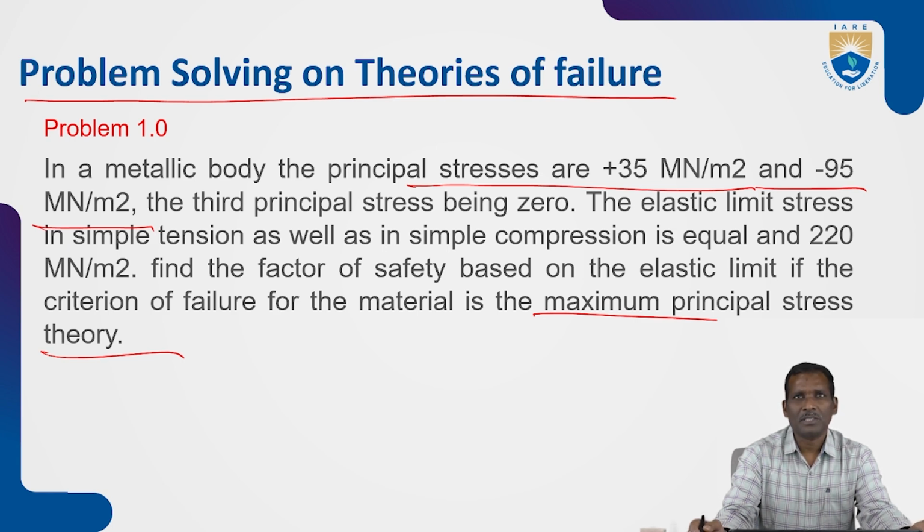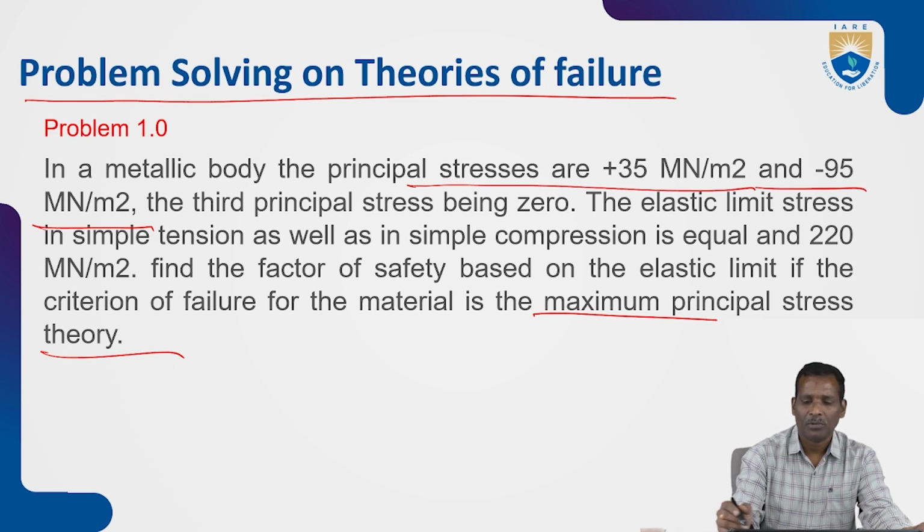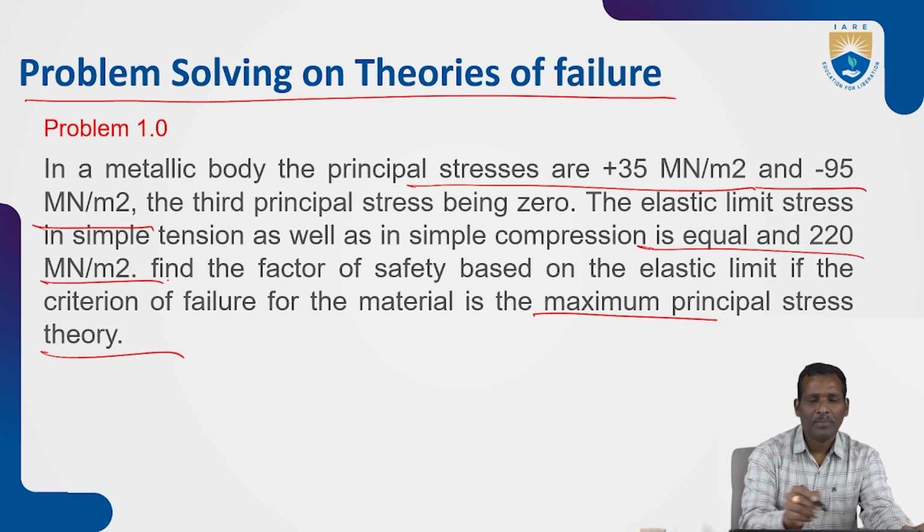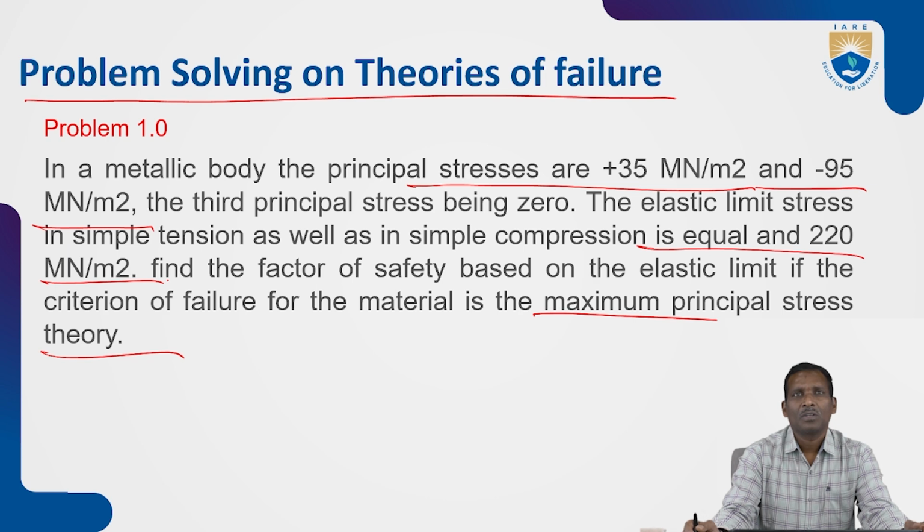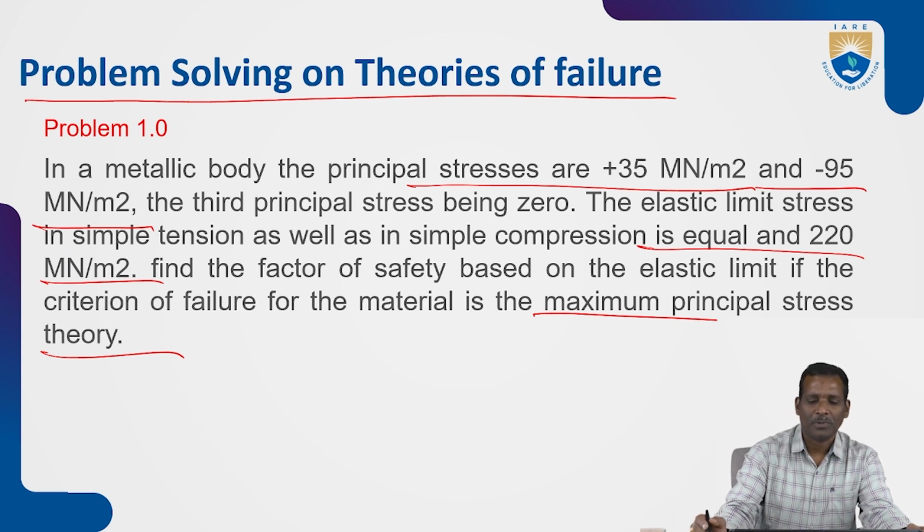The third principal stress being 0. So the elastic limit stress in simple tension as well as in simple compression is equal and 220 meganewton per meter square. So find the factor of safety based on the elastic limit, if the criterion of failure for the material is the maximum principal stress theory.